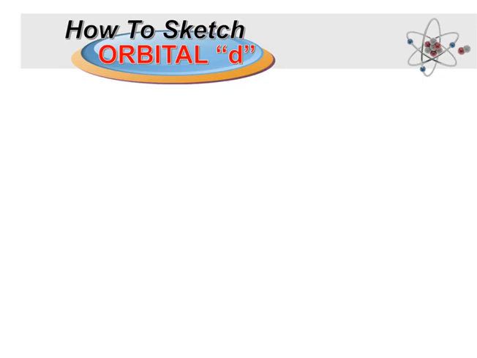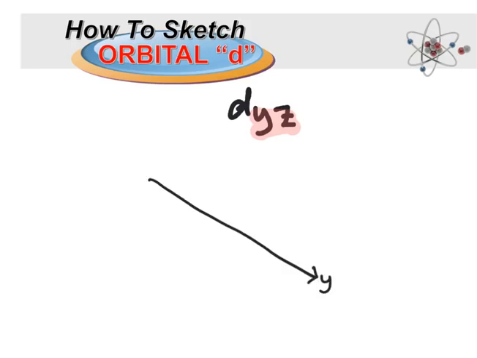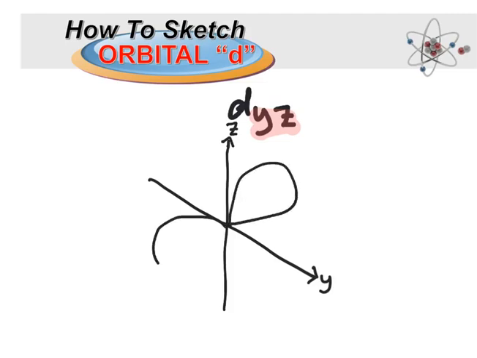Let's draw the next d orbital, which is dyz. yz means the lobes are between the y-axis and z-axis. Thus, draw the y-axis and z-axis first. Draw the lobes between the y-axis and z-axis.